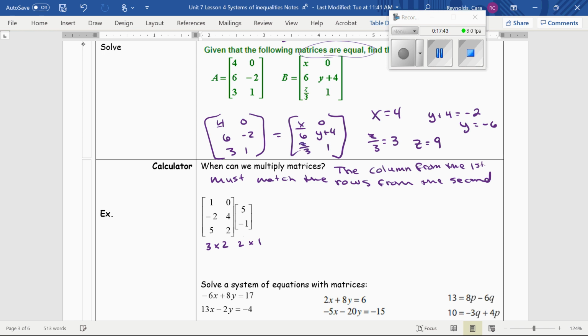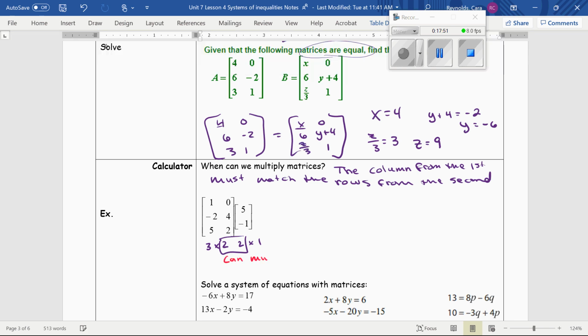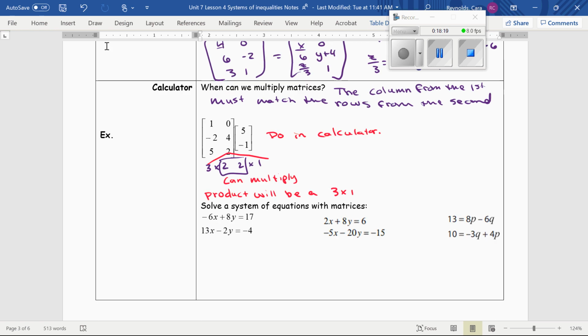And so because these numbers in here match, we can multiply these together. And the product will be a 3 by 1. To multiply these, though, because of all the steps involved, we're going to actually do this in a calculator. So I will walk you through that in class.